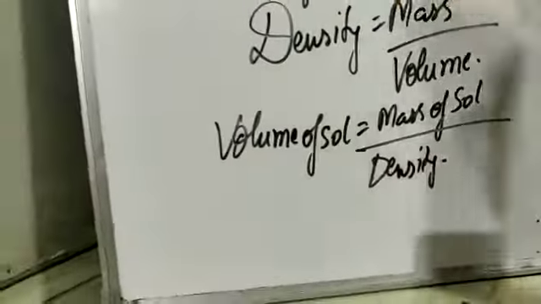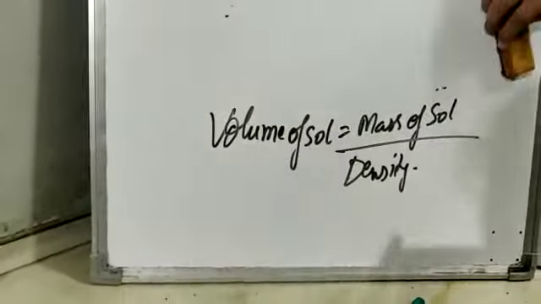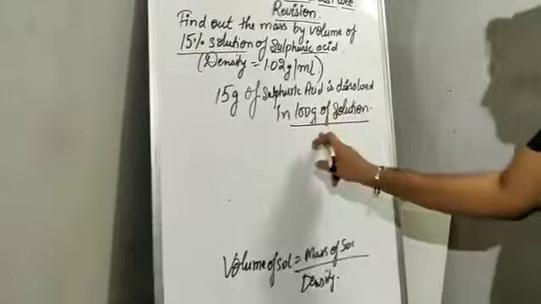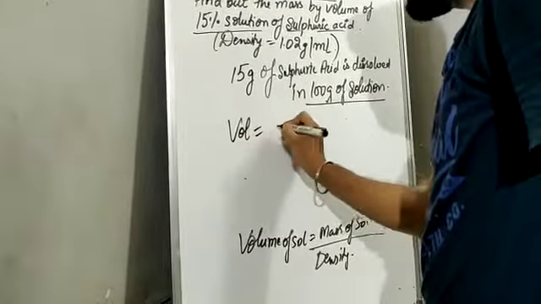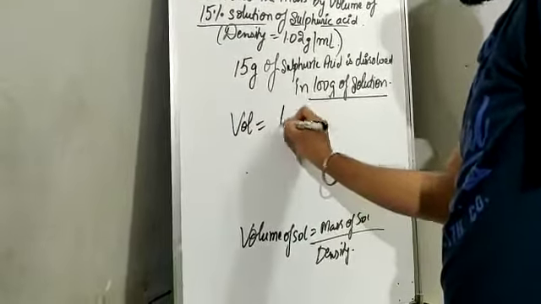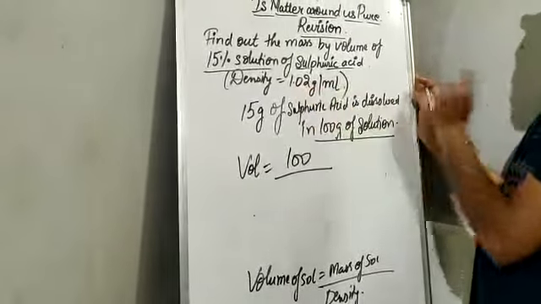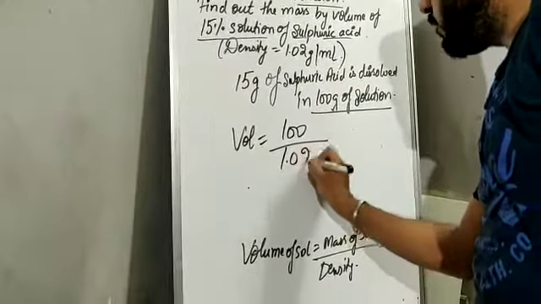So now you can see the mass of solution is 100 gram. So the volume is 100 upon the density, which is given in the question as 1.02 gram per milliliter, so divided by 1.02.